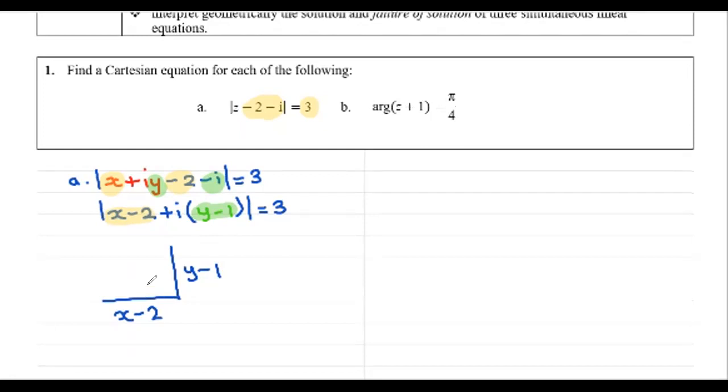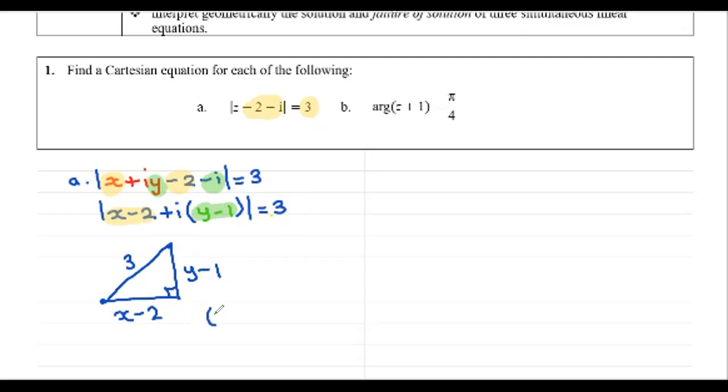And the distance from this point here to this point has to be 3 units, because that's what's described over here. So let's just join up the right angle triangle. It is right angled, of course, because we're using x and y coordinates here. So this is 3 units. And we can simply use Pythagoras' theorem to finish this off.